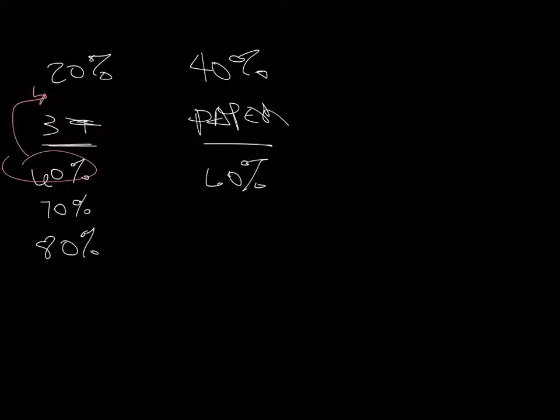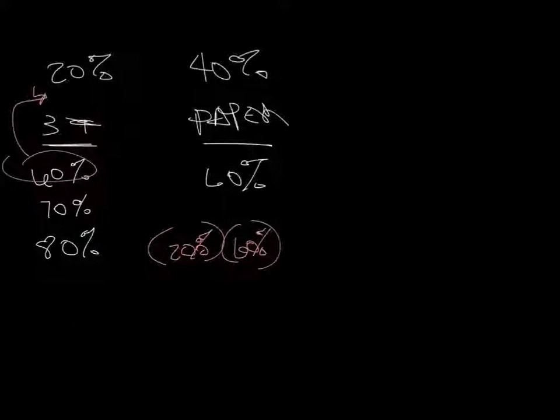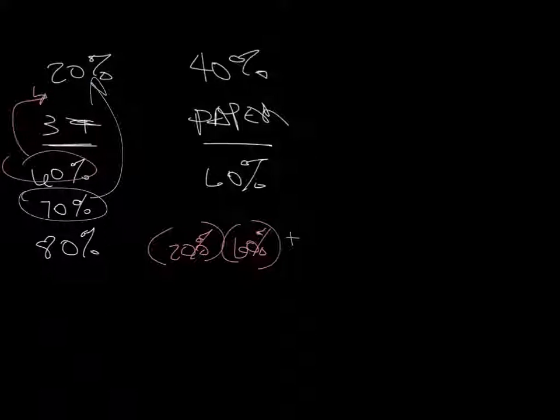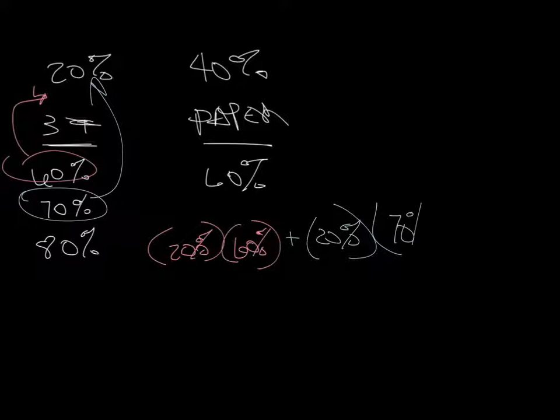So we have 20%, and he got a 60% on that test. We also know that this test was also worth 20%. So we're going to take 20%, and he scored a 70 on that test. And then the third one was also worth 20%.